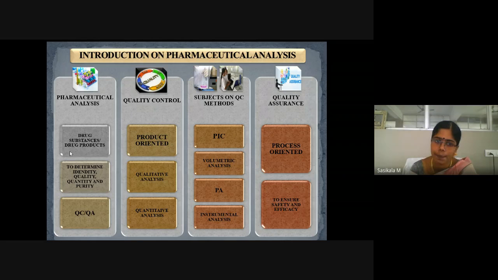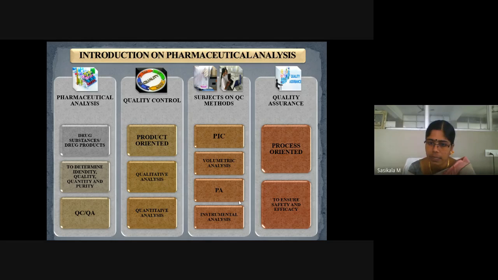Even for clinical samples, after administering a drug to the patient, if you want to determine the bioavailability, you need to carry out quality control methods using analytical instruments only. How is it carried out? By using analytical instruments, and ensuring safety and efficacy by determining its purity. So that subject is very important in the Pharm.D. course.